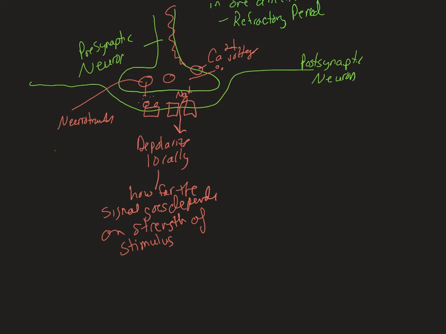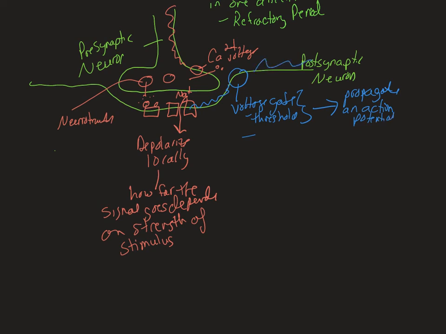But if it's strong enough to get over here where I have voltage gates and reach threshold, you will then propagate an action potential. And then it's going to just go along until it runs out of voltage gates.